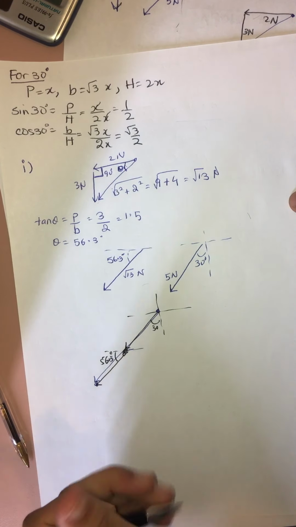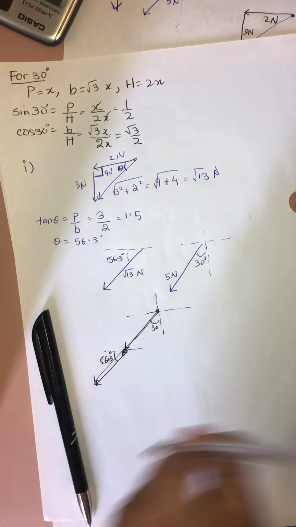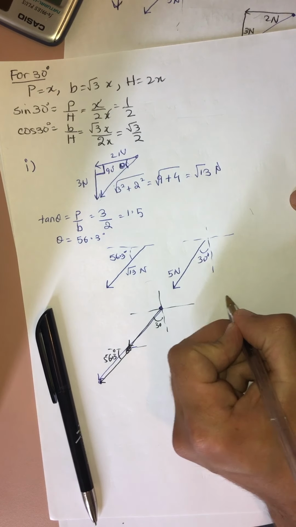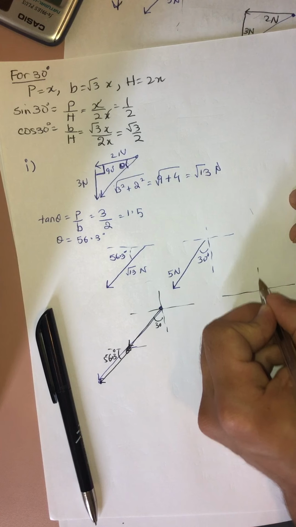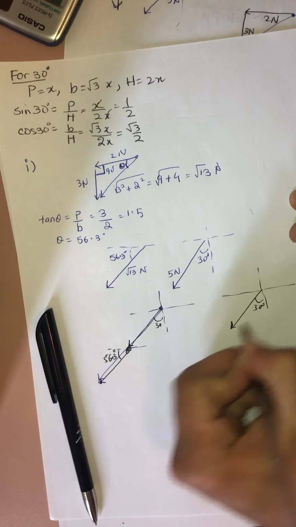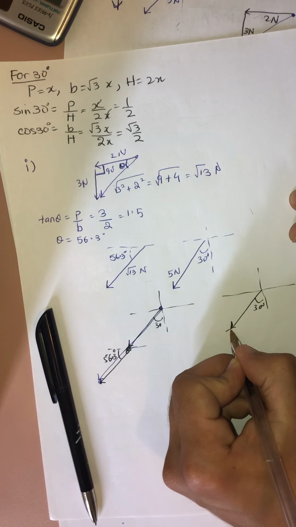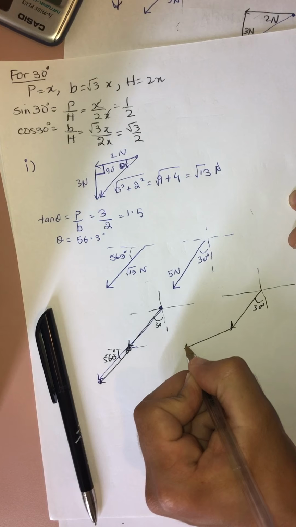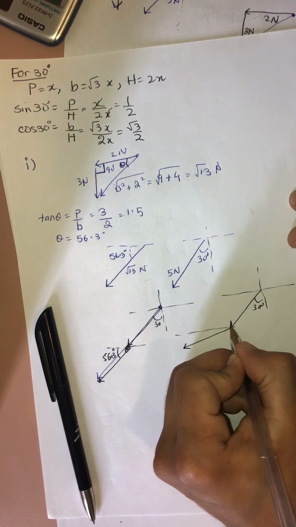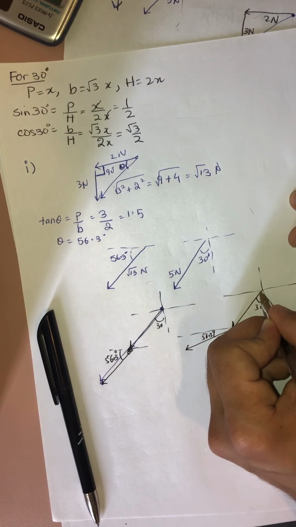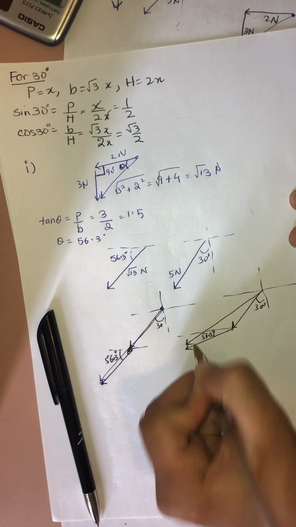Since this drawing is not clear, I will have to do it again so that you will have a better idea of how I draw. This is the first vector, 30 degrees, and consider this is the second vector. This is making 56.3 degrees, and this vector is the resultant vector.